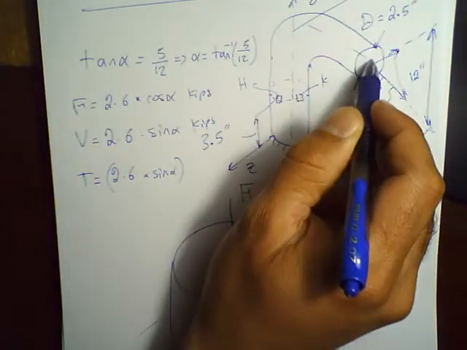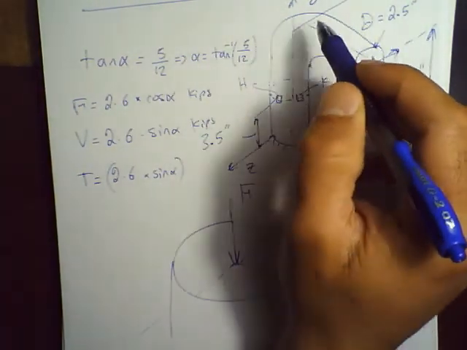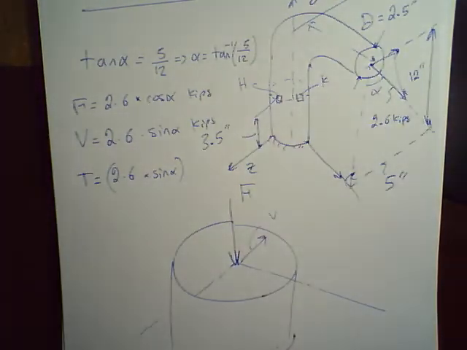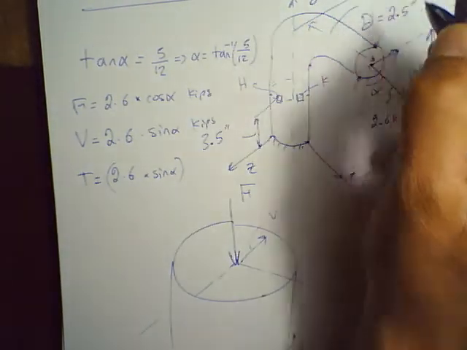So what is that distance? That distance is given to us from the problem, which is going to be equal to 6 inches. So that distance right there is 6 inches.